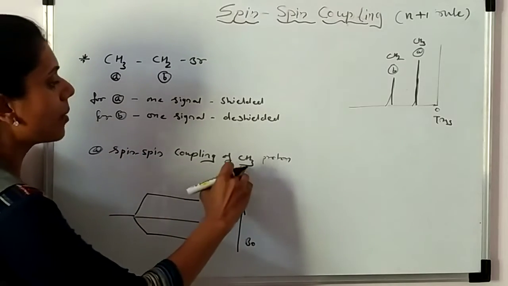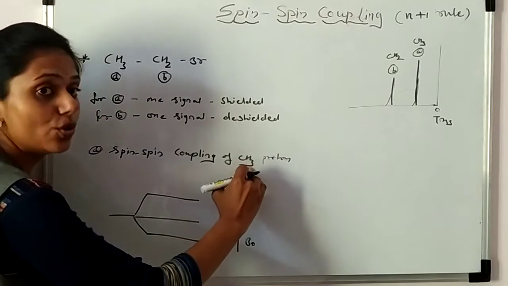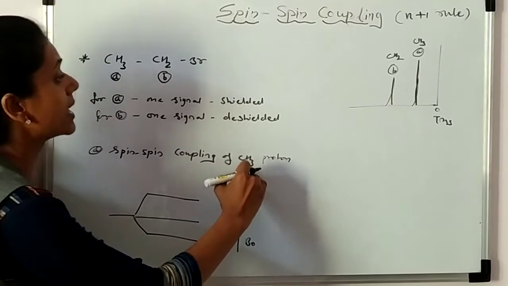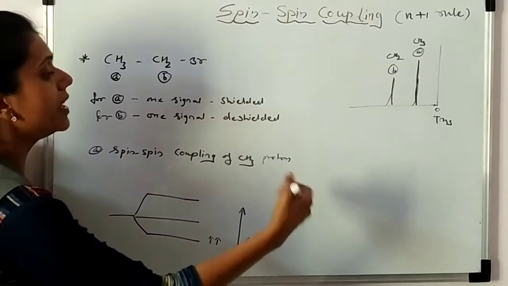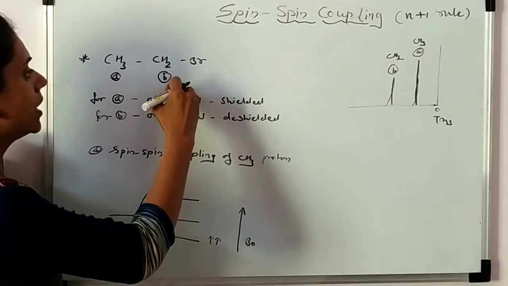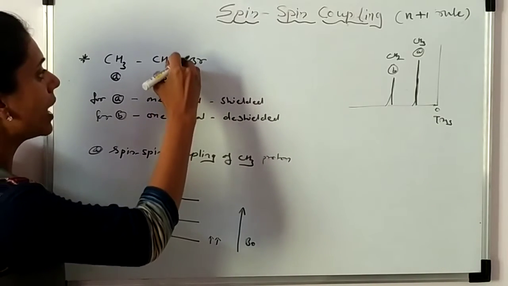Since we studied the coupling of CH3, we do not take these 3 nuclei, since in spin-spin coupling, these 3 nuclei are coupled with adjacent non-equivalent nuclei. So it is the B. So we have drawn nuclei like this.